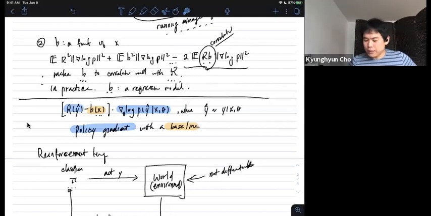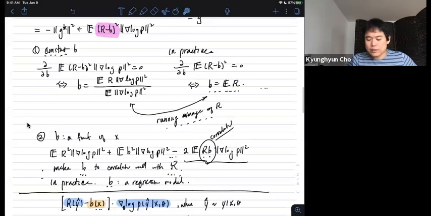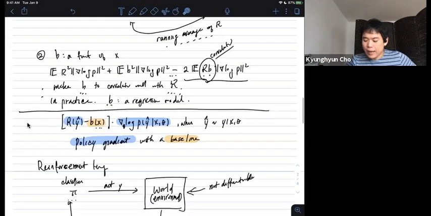So what you can do is either go for a constant b and track the running average of the reward over time, trying to estimate or approximate this expectation, the expected R, or you can make b a function of x, and then use whatever regression function or radial basis function network that you have learned in this semester to implement this regression, so that this b is going to predict what R should be.